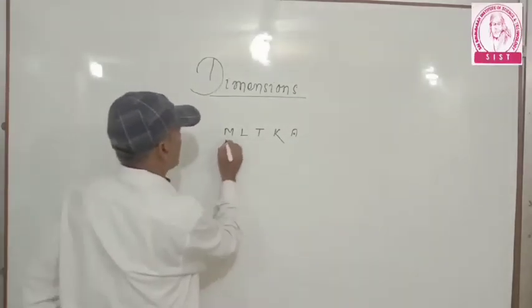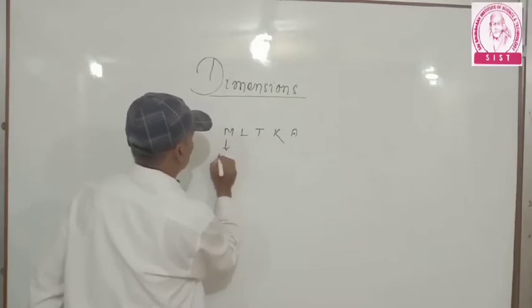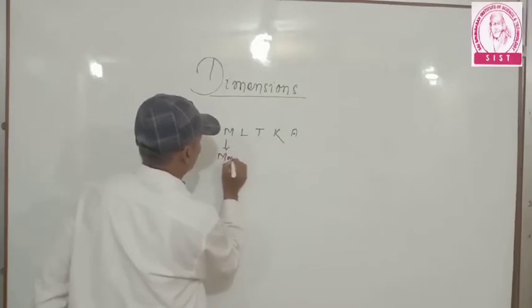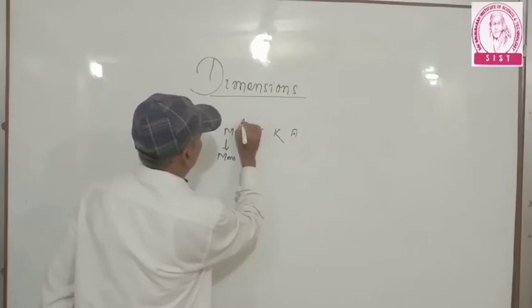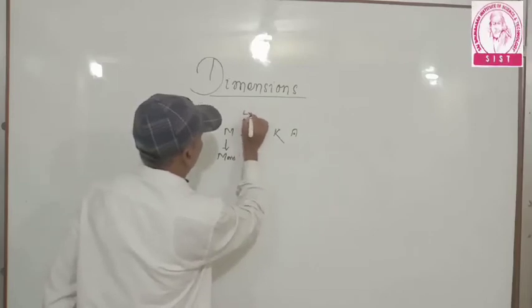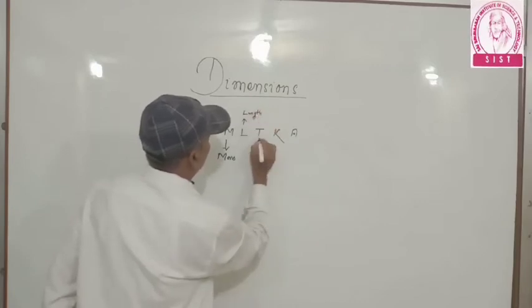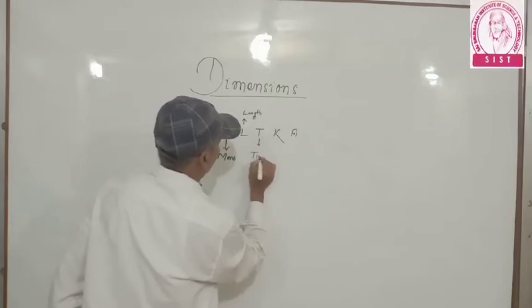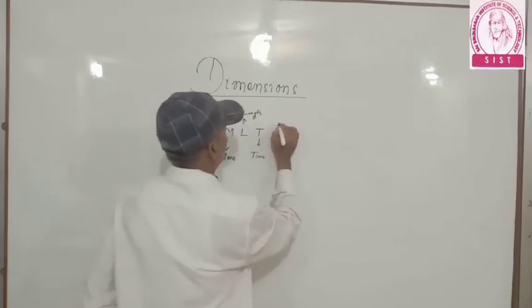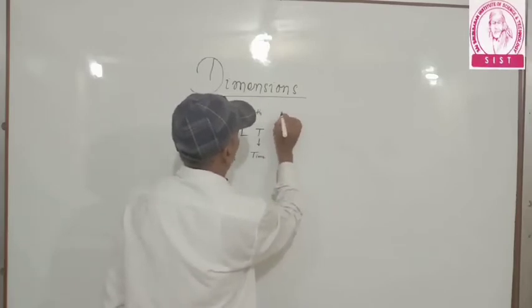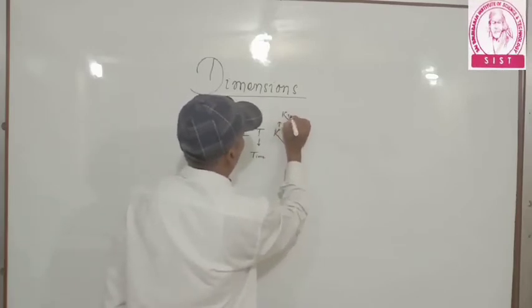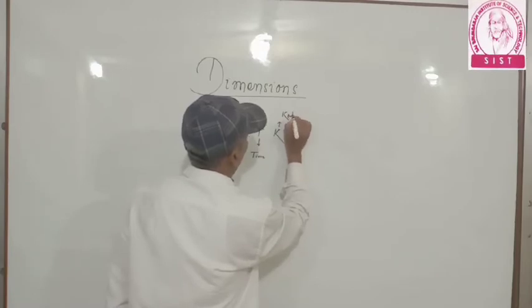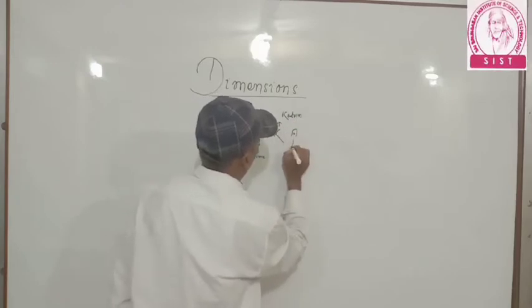M stands for mass. L stands for length. T stands for time. K stands for Kelvin. A stands for ampere.